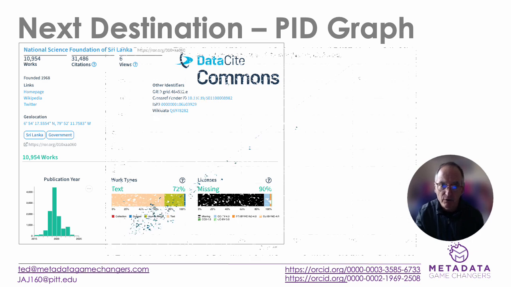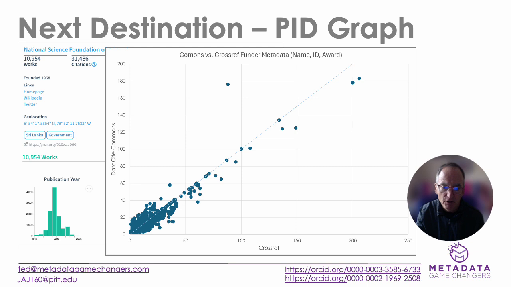And so if we want to study this, trying to find out where in those data journeys this error is made, we want to compare them. So in this case, we're comparing the Commons, which we looked at here, to Crossref, because more of these things are journal articles than data sets.